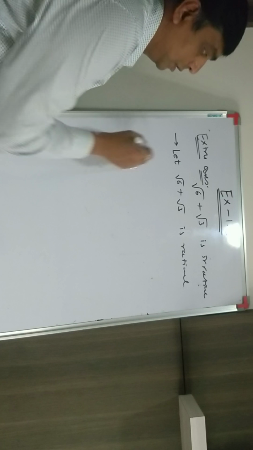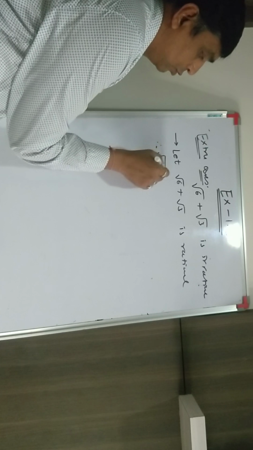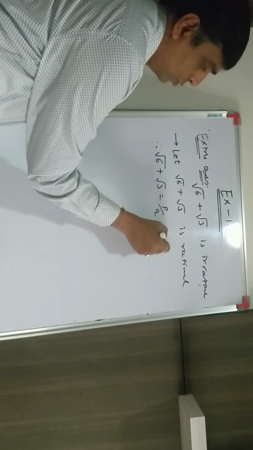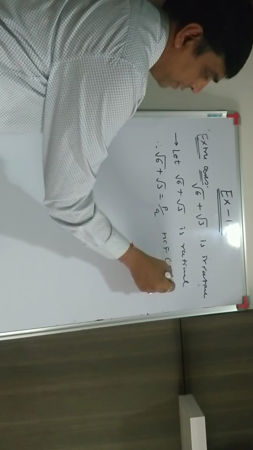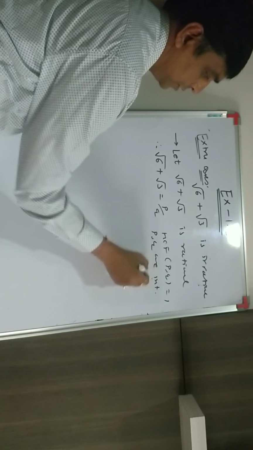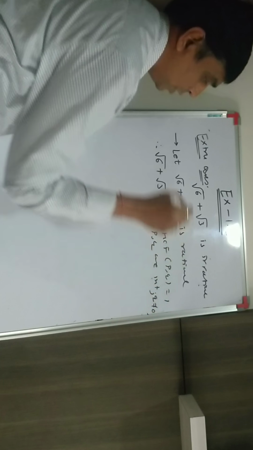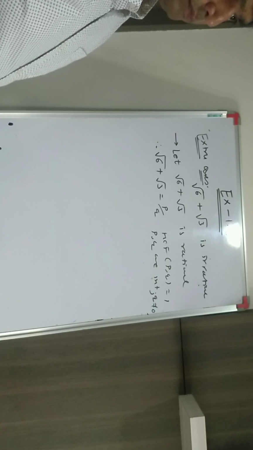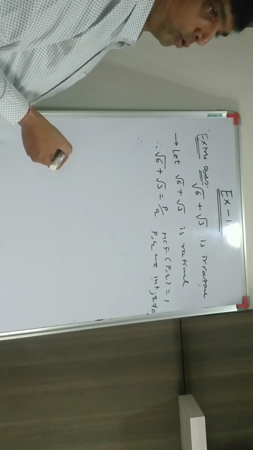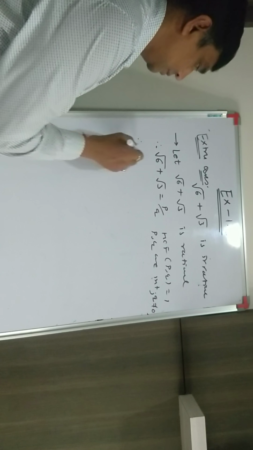If it is rational, so we can say root 6 plus root 3 equals P by Q. HCF between P and Q is 1. P and Q are integers. Q is not equal to 0. To remove the square root, taking square on both the sides.